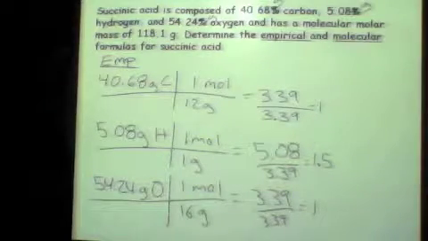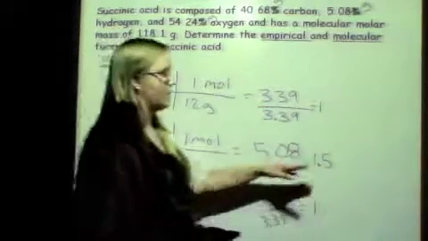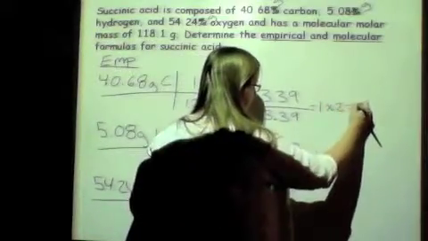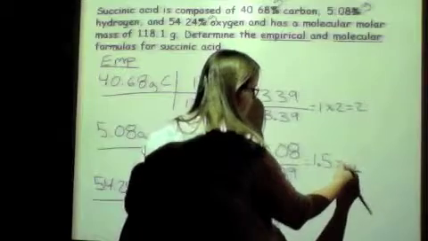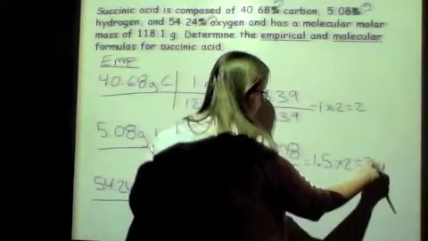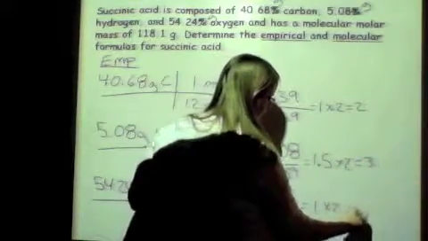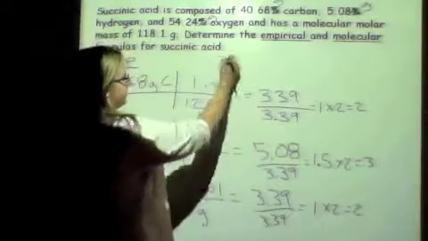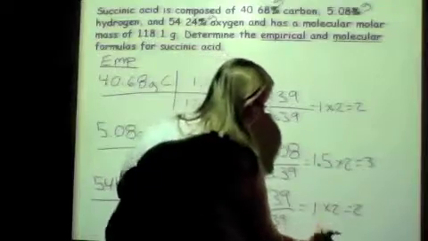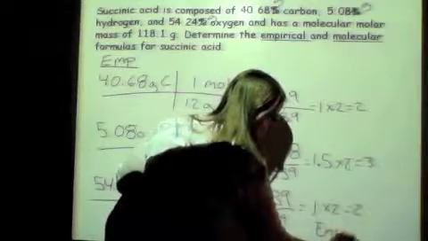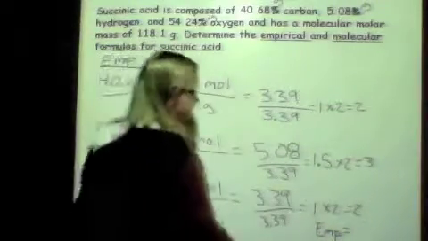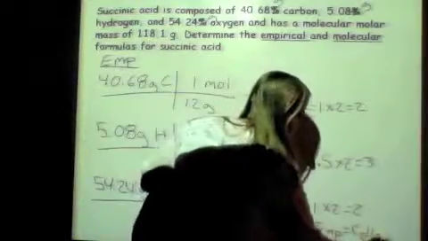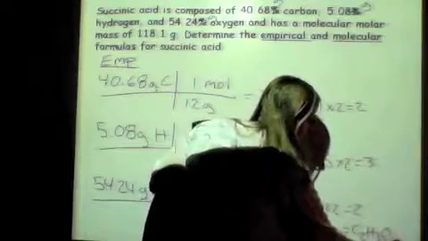Multiply to a whole. So again, if you get that 0.5 in there, we need to multiply all of the values by 2. So 1 times 2 is 2. 1.5 times 2 is 3. And 2. So this means our empirical formula is C2H3O2.